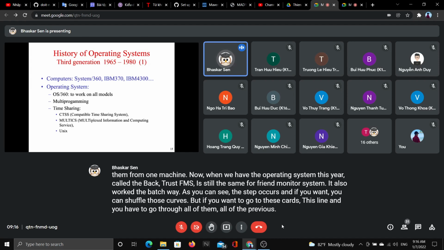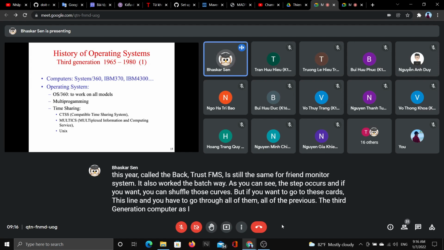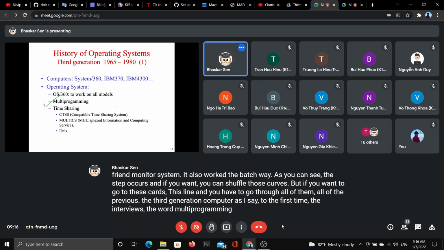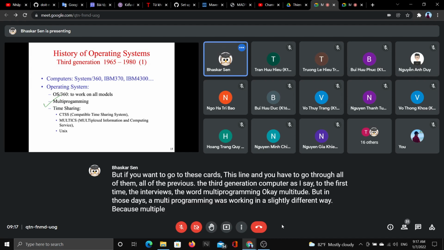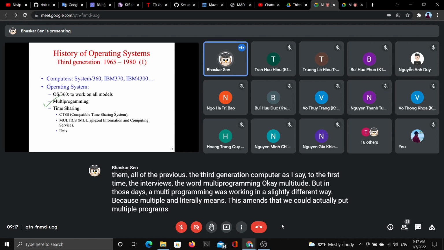The third generation computer, as I said, was the first time they introduced the word multi-programming. But in those days, multi-programming was working in a slightly different way. Multi-programming literally meant that we could put multiple programs on RAM at the same time, and we were swapping them in and out.